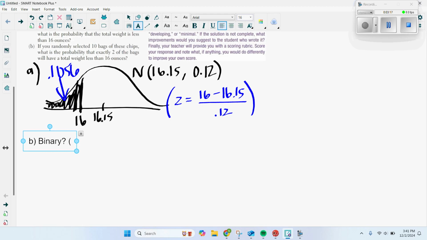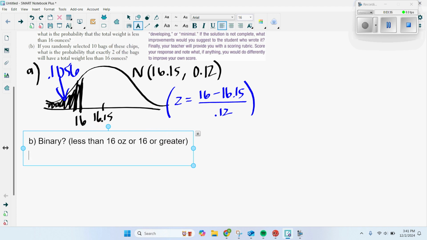So is this binary? Yes, because it's either going to be less than 16 ounces or more, or I mean, it could be equal to. I'm going to write 16 or greater. So it is binary. Is it independent?